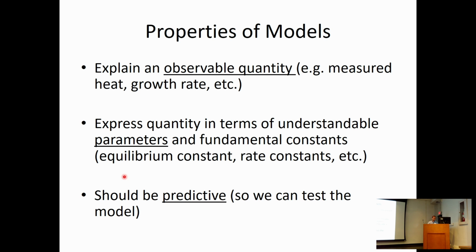And the final thing that we should think about with models is that they should be predictive. And so this gets at the pattern idea. If I measure a set of conditions, so for example, if I measure a calibration curve and I say, okay, this much absorption signal corresponds to this much concentration, I should be able to use that model, in this case my linear Beer's law, to say, okay, well now if I have this much absorption signal, what should my concentration be, right?